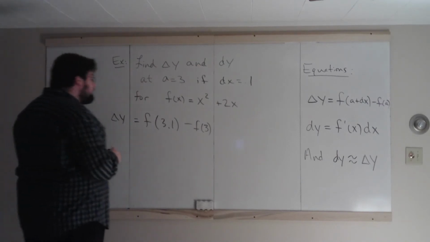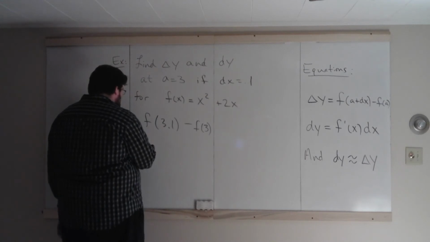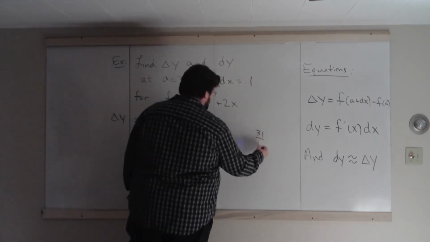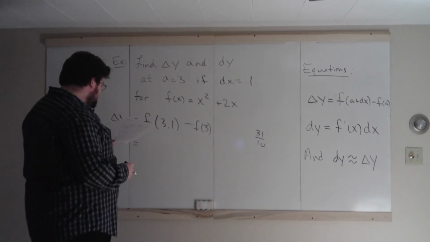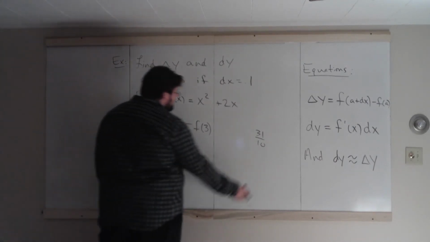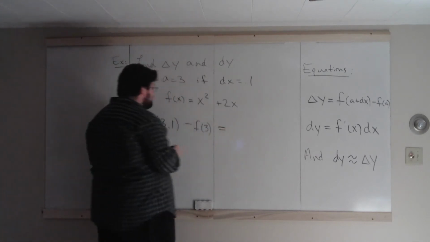Oh, that's an annoying computation, but that's okay. We can handle it. F of 3.1, so we have 3.1 squared. What's 3.1? 3.1 is 31/10. I used a calculator because I didn't want to do 31 squared. So I'm going to tell you this result.